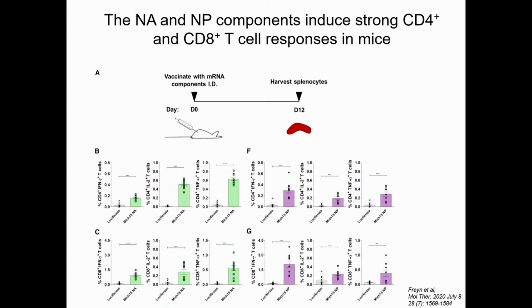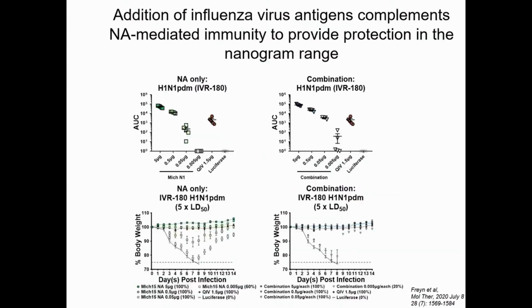And in the G panel in the right bottom part, you can hopefully see that the NP vaccine induced a very robust activation of interferon gamma producing CD8 positive T cells. We have not looked at the role of these T cells in protective responses, but I can easily imagine that they contribute to vaccine-induced protection.